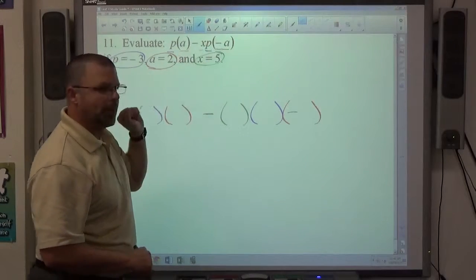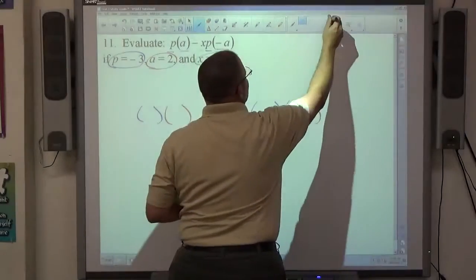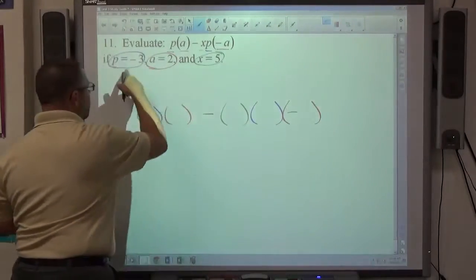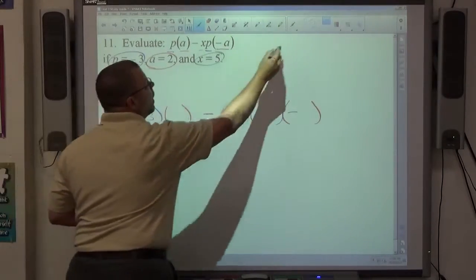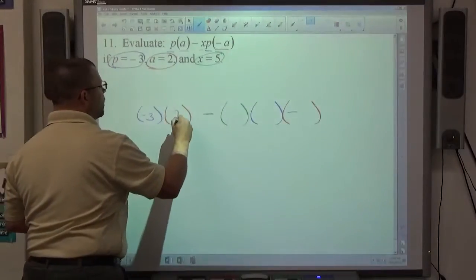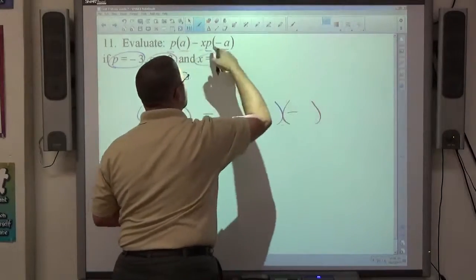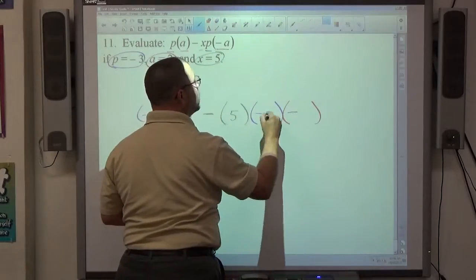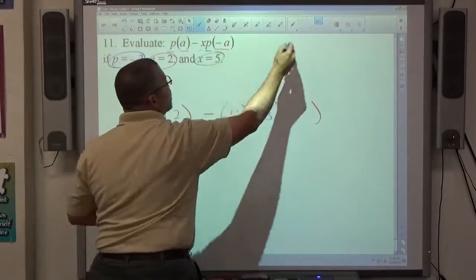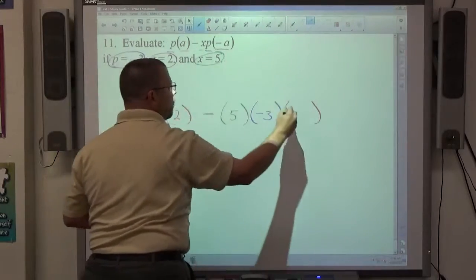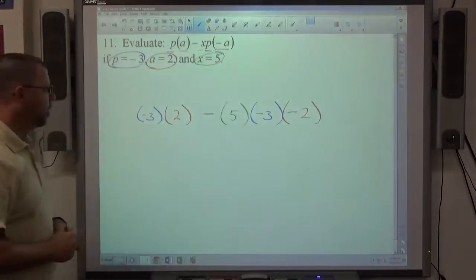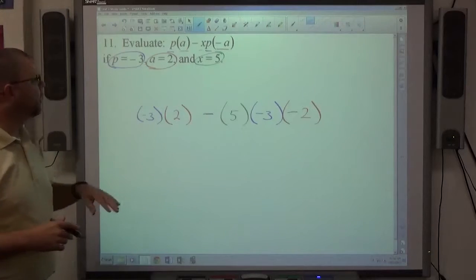A's sign is being changed by that minus sign. And if I start throwing in numbers where they belong, p belongs right here, a belongs right here, x belongs right here, p belongs right here, and a is 2, and minus a then would be minus 2.